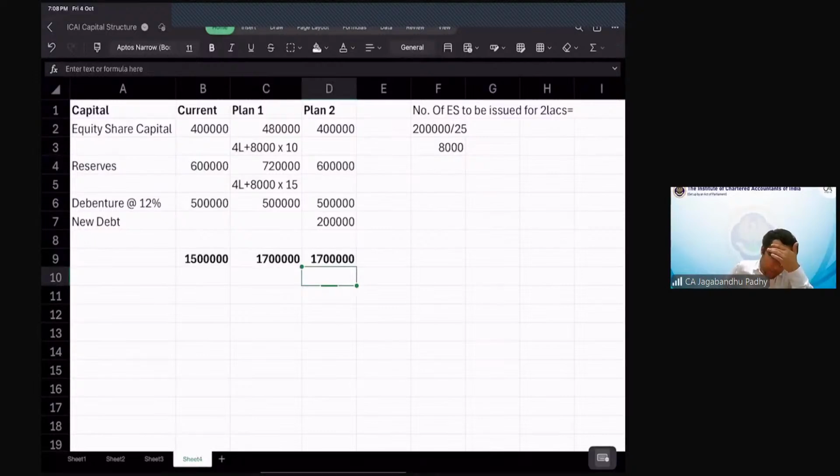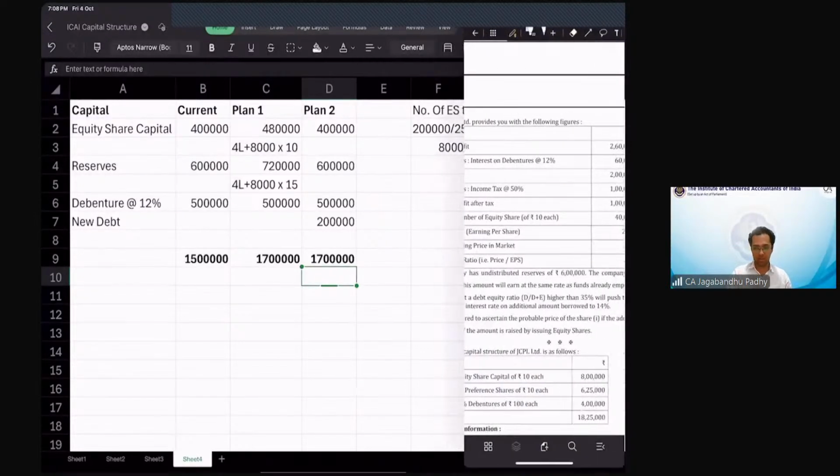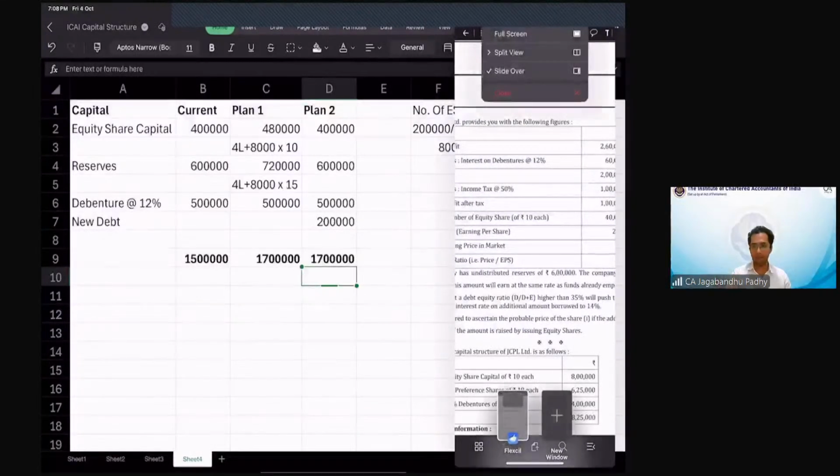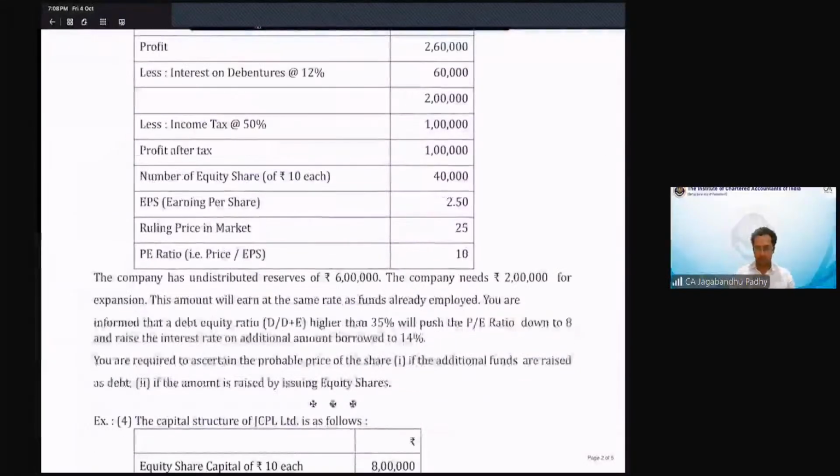Okay, now in case of plan 2, there is a catch in this question. And the catch in the question is it says that the amount will earn the same rate as the funds already employed. That is okay.